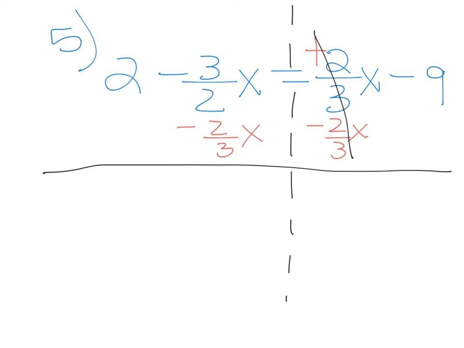So if I changed these to, let's make this a 6. 2 times 3 is 6, so 3 times 3 is 9. So this new fraction is -9/6. And then the 2/3 would become 4/6. So now I've got -9/6 minus 4/6.